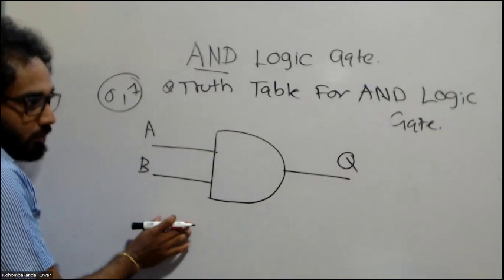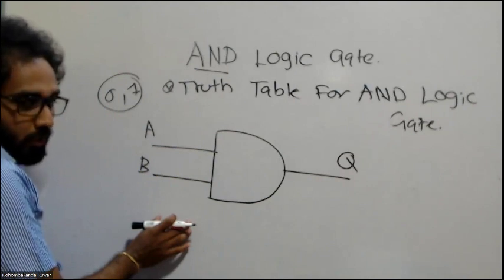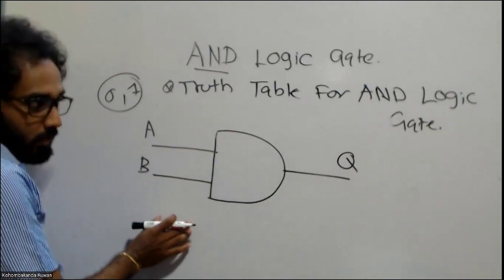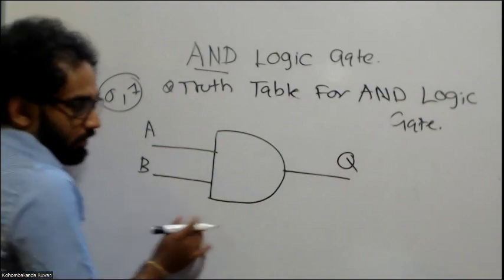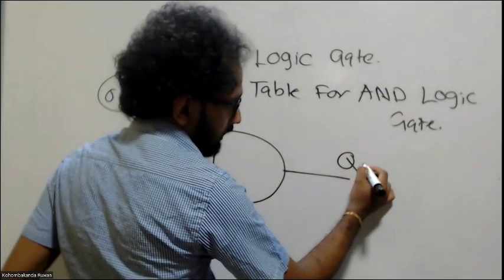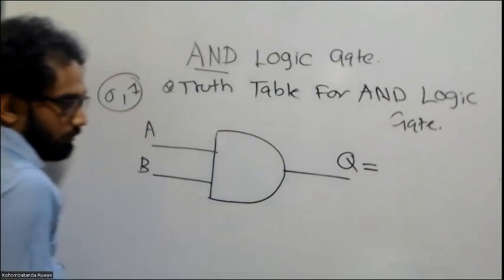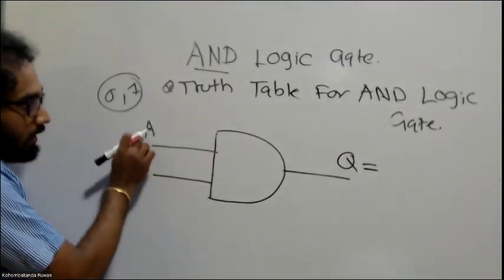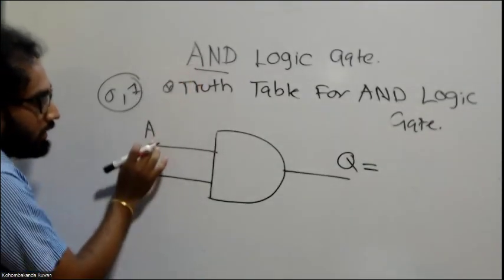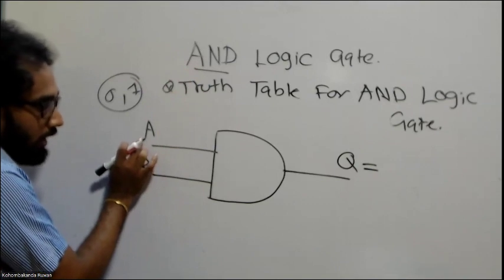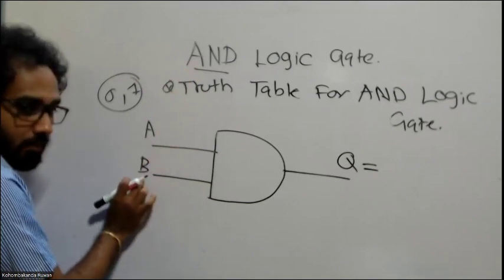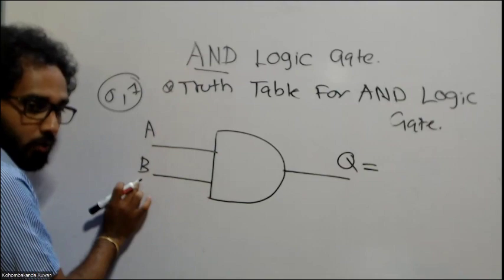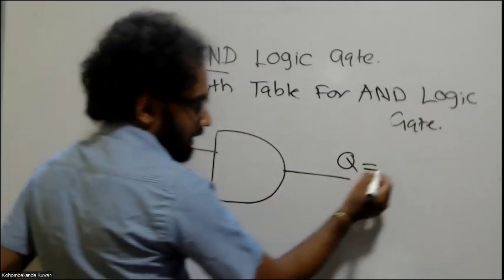Then we have to build some Boolean expressions. The expression is Q equal, right? This is AND logic gate. Then we have to use A and B. How to write that? Right? This is the way.